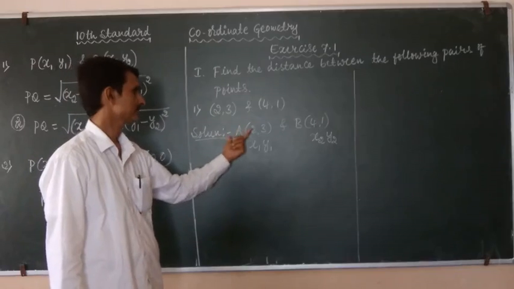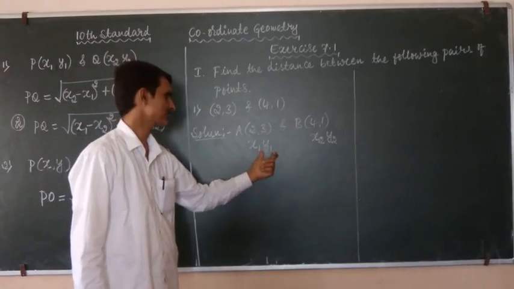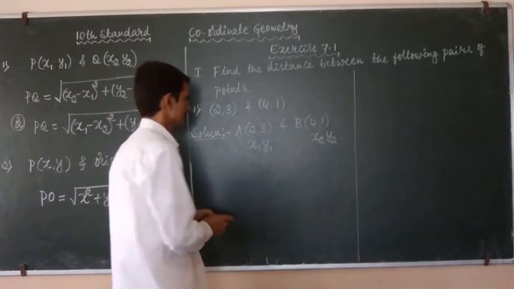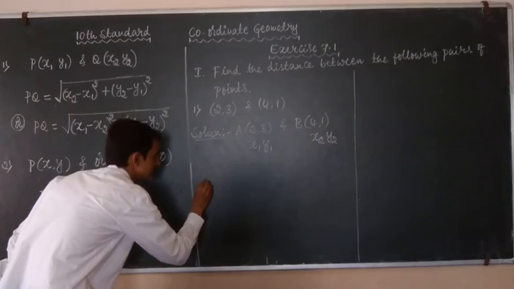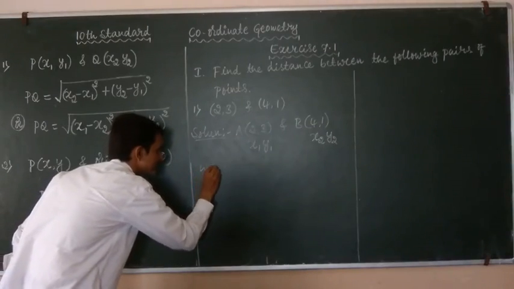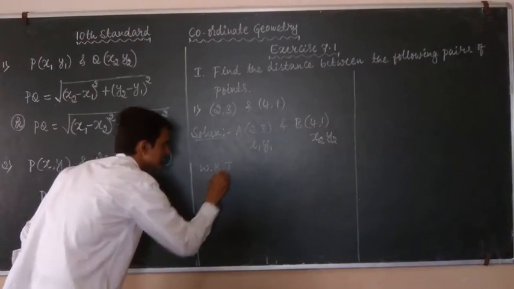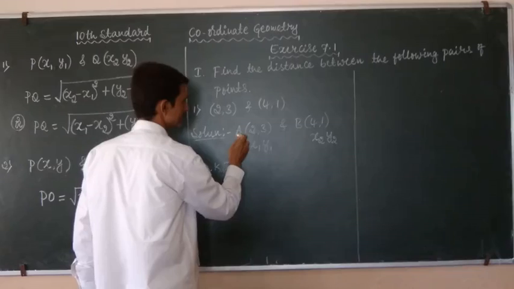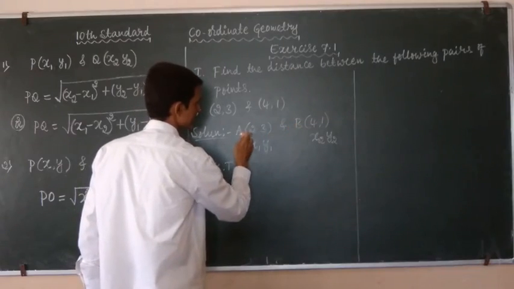So A is (x1, y1) and B is (x2, y2). Now we know the distance formula. We are going to find out the distance between the points A and B.